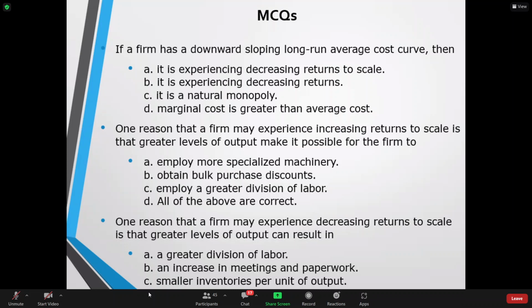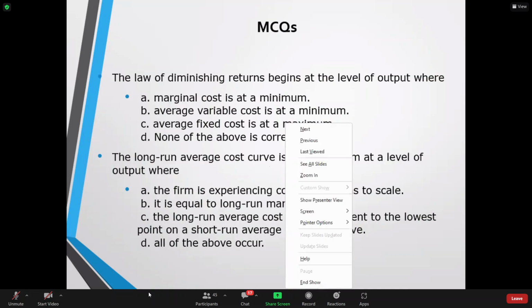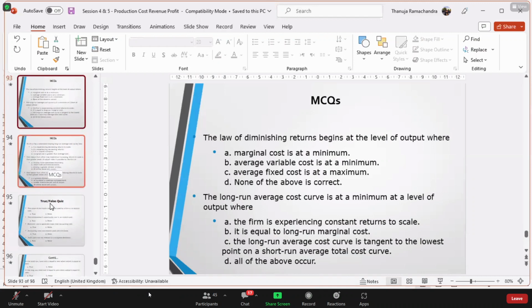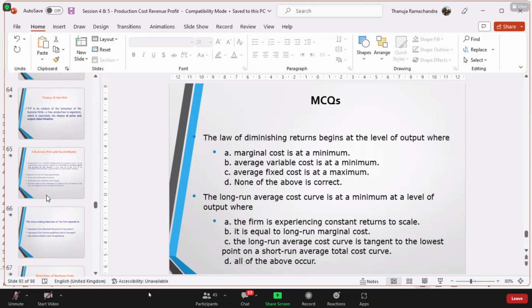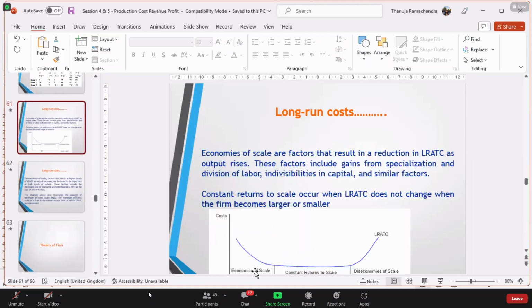Firm has downward sloping long run average cost curve. Downward sloping. The moment it says long run, you should remember the curve, right? We should look at this long run curve.